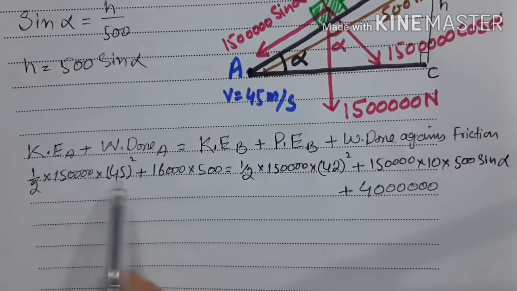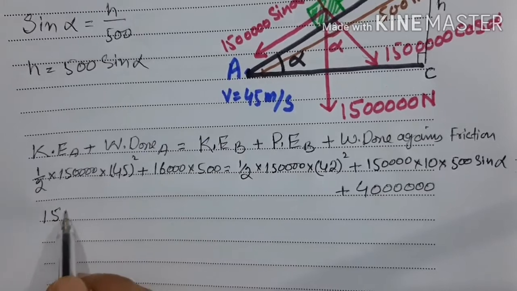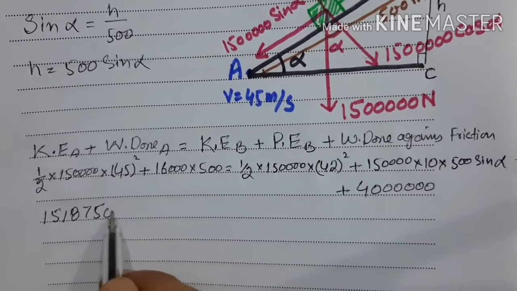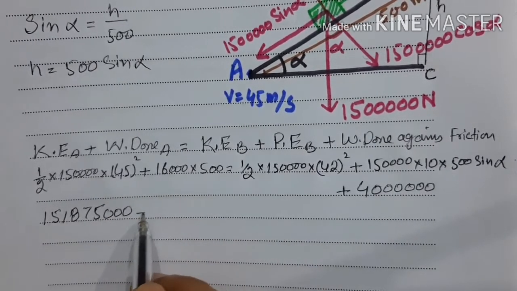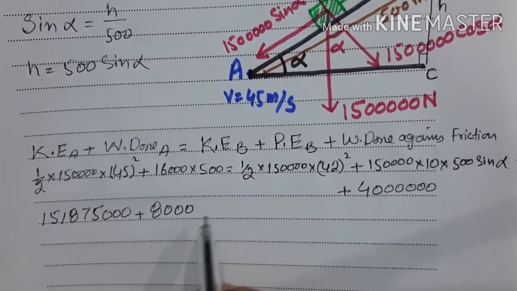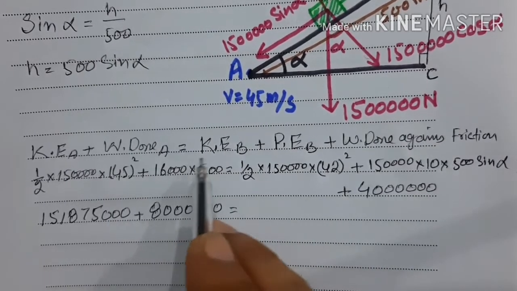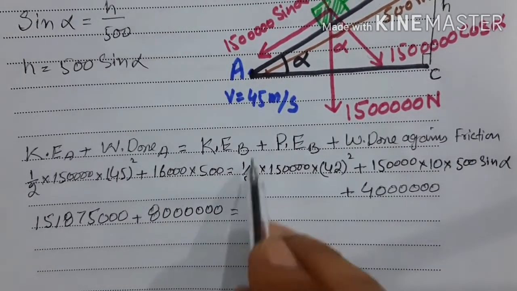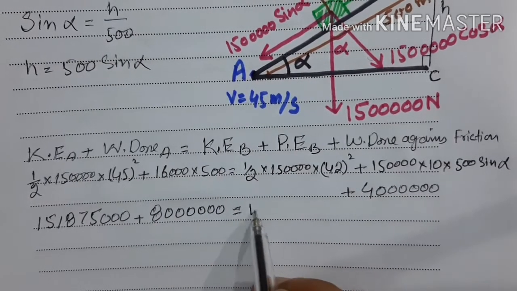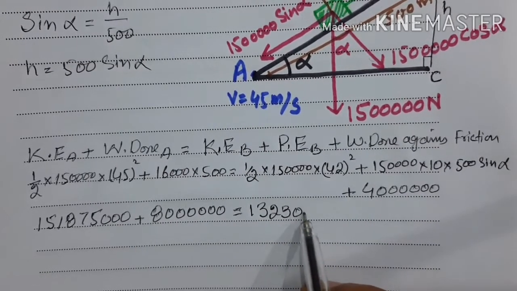Okay, after solving them by the calculator, I'll get 15187500. This is the kinetic energy at A, plus this will be 8 1 2 3 4 5 6. This is the work done started from A. Now the kinetic energy at B will be 1 3 2 3, 5 zeros.